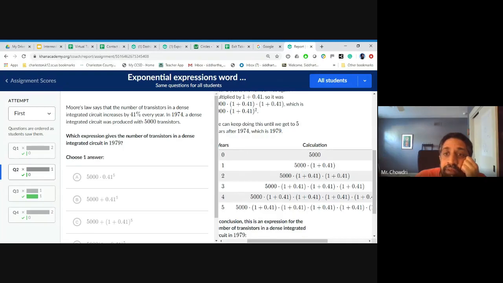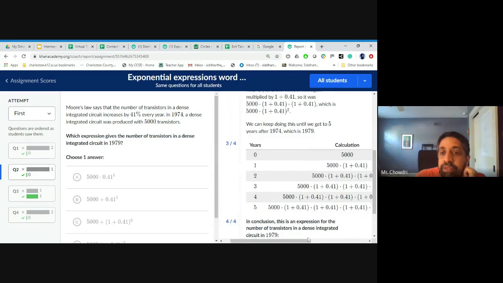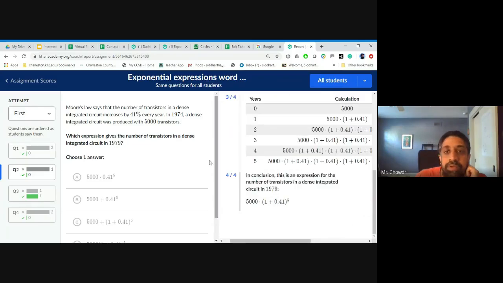In the second year, it's 5,000 times 1.41. Then the next year, it's 5,000 times 1.41, which was the number of transistors in the first year, times that, and so on and so on for 5 times. And so this would be your answer. All right. Now, 3.